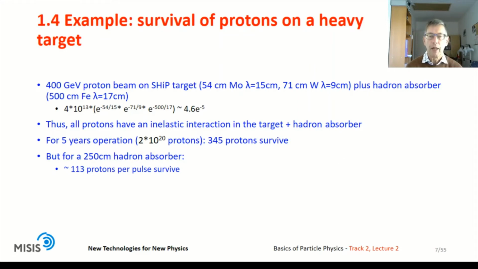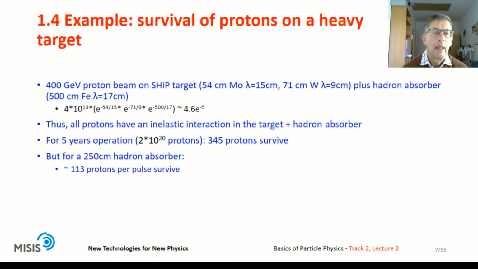You can look at an example. In SHiP, for example, we have a very heavy target made out of heavy materials, and you can calculate how many protons will survive. The protons will have 400 GeV energy, and they will be delivered in spills of 4 times 10 to the 13 protons.